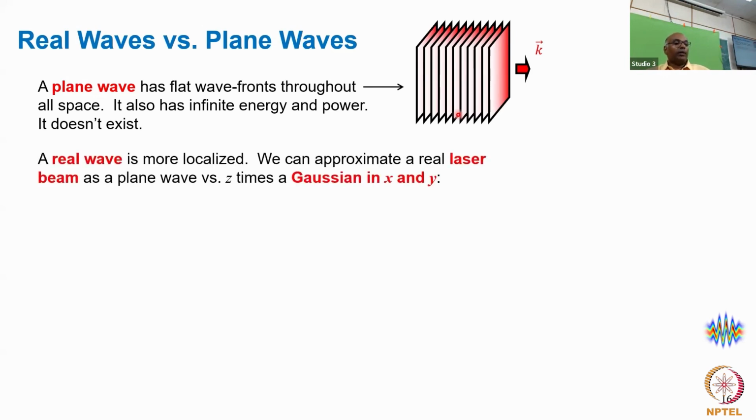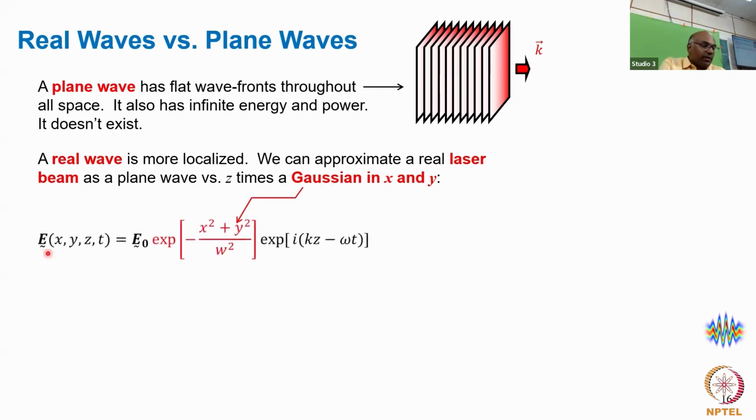So real beams of electromagnetic waves are far more localized. We can introduce the localization using, for example, a Gaussian function in x and y, the transverse variables perpendicular to the direction of propagation. So now we write the same solution down, which is E(x,y,z,t) equal to E naught, again the constant amplitude, multiplying the exponent of i(kz minus omega t).